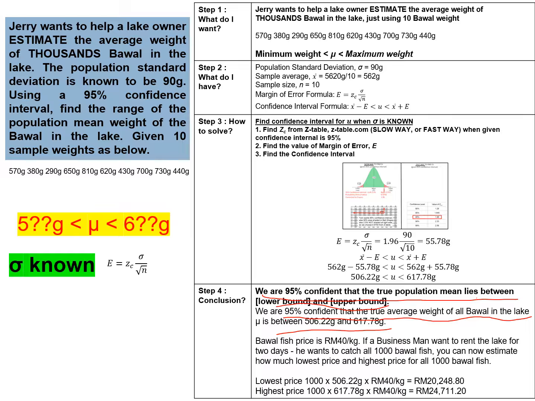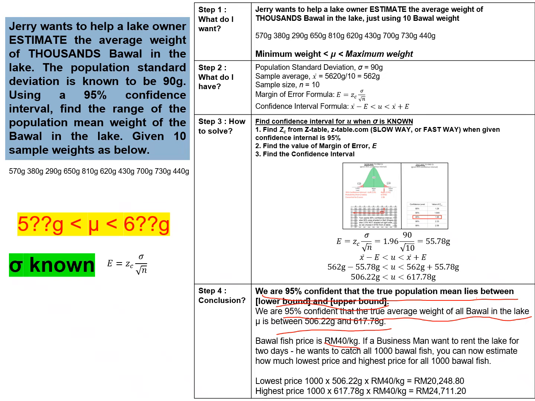Can we do something with these two numbers? Yes. One day, let's say a businessman approaches us and says, I want to rent your lake, I want to catch all your bawa fish and sell them on the market. The bawa fish price is 40 ringgit per kilo.